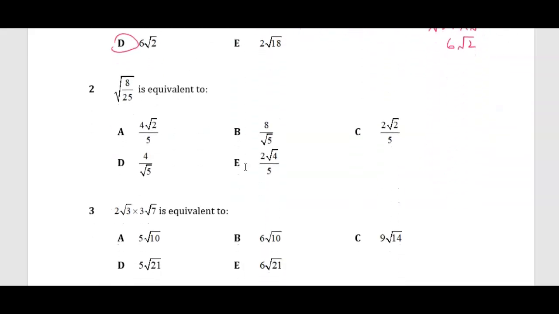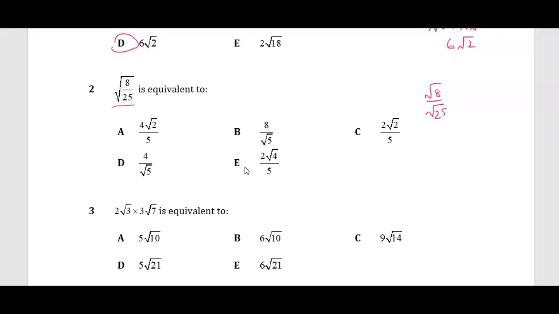All right, question 2. Now, when you're doing the square root of a fraction, what we've got here is the same as the square root of 8 over the square root of 25. So what we need to do is simplify both of them.